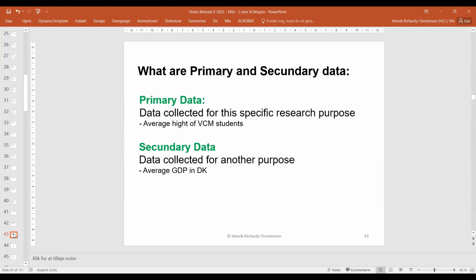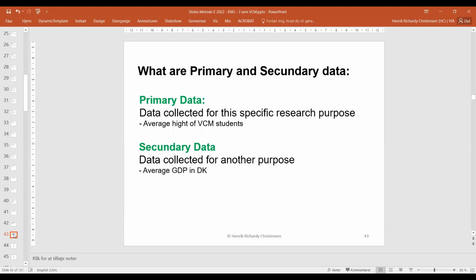And secondary data is data that's collected for another purpose. It can mean that somebody else, a statistical bureau, the Danish Statistical Bureau or Eurostat or somebody else has already collected a lot of data, but they have collected it for their purpose, which means that it becomes collected for another purpose than ours.